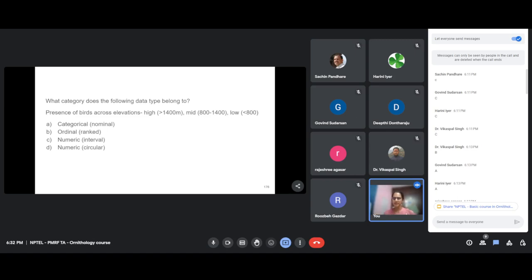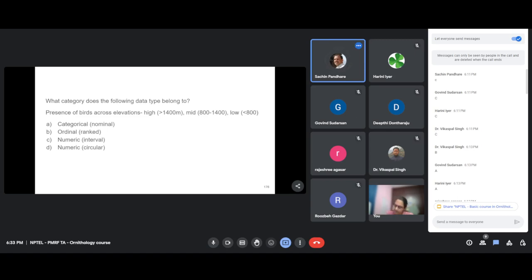So irrespective of whether the elevation is 900 or 1000 or 1200, if it falls between 800 to 1400, it will come in the mid elevation category. Could you think of why we prefer categories instead of numeric intervals in data types like this?